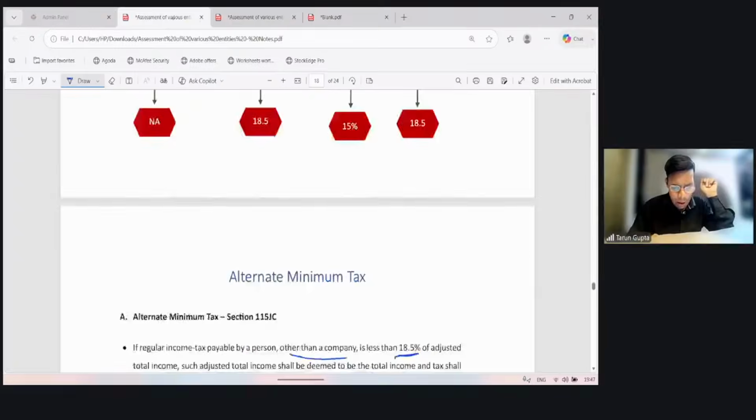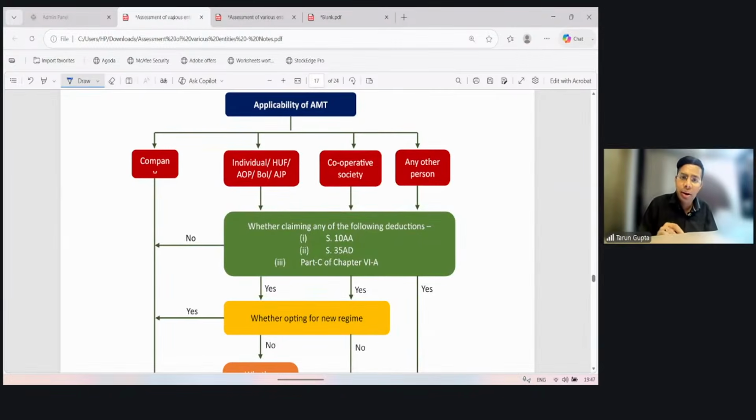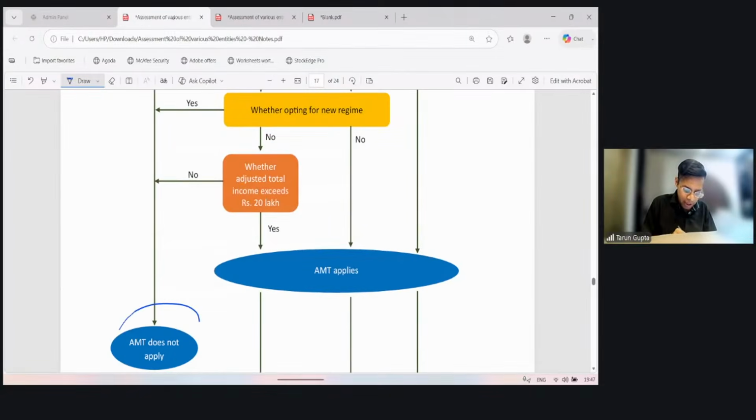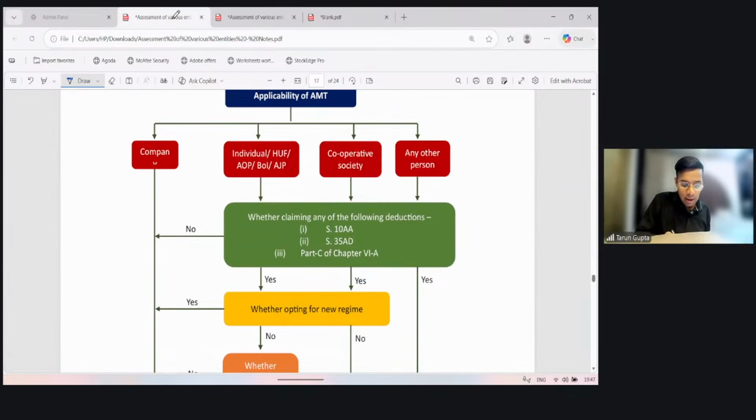Okay. This chart explains the applicability of MAT, AMT. If you are a company, then AMT is not applicable because you are subject to MAT. If you're any person other than a company, then if you're an individual, HUF, AOP, BOI or AJP, you see whether you have claimed any one of these three deductions: 10AA, 35AD or Part C of Chapter 6A.